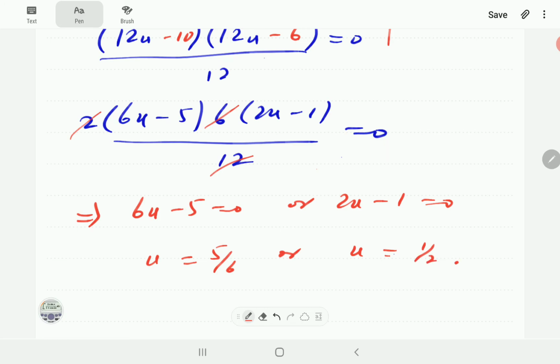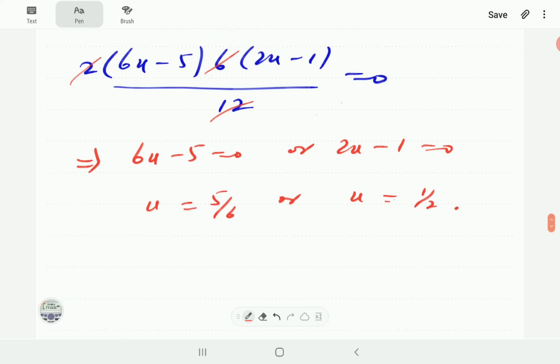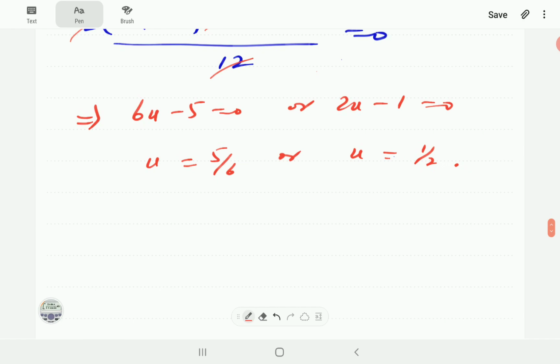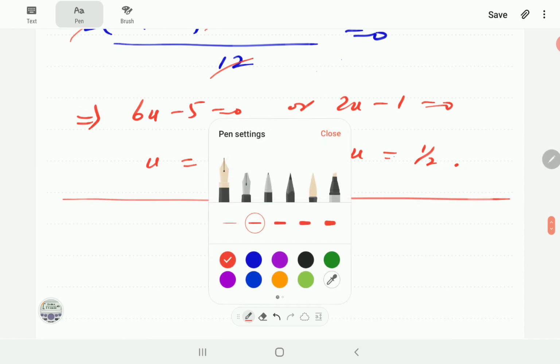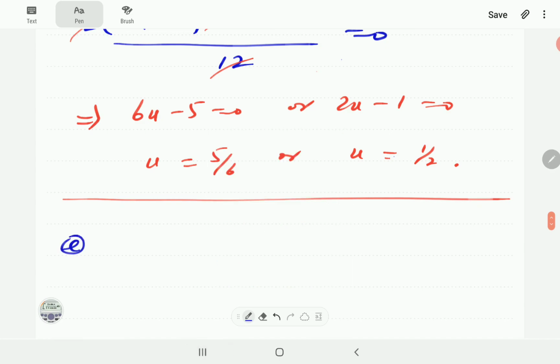All right, let's give you some to try. Actually, maybe more than 2, and then you can pause the video and have a go at them. So that was example number D. E, please have a go at u squared minus 2u minus 3 equal to 0.